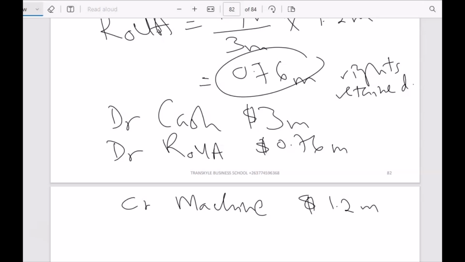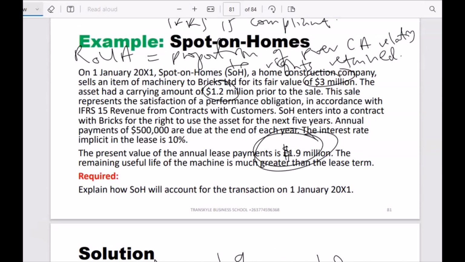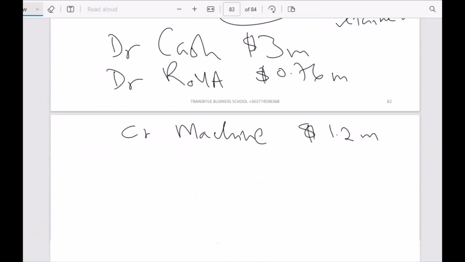And then we have to recognize a lease liability. In present value terms, the present value of the lease liability was 1.9 million. Please see that clearly. This is the dollar sign, it's just a typo. So that's 1.9 million dollars, and our lease liability has to be credited.